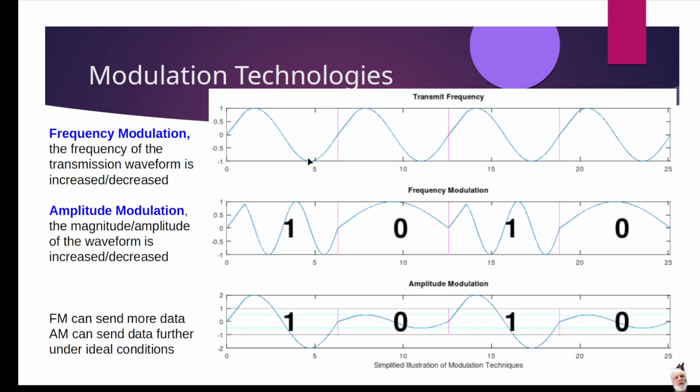With amplitude modulation, when we want to send a 1, we don't change the frequency, but we change the amplitude up here. So again, in this example, we doubled the amplitude and that's a 1, or we have the amplitude and that's a 0. So you can now visualize the difference between frequency modulation and amplitude modulation.